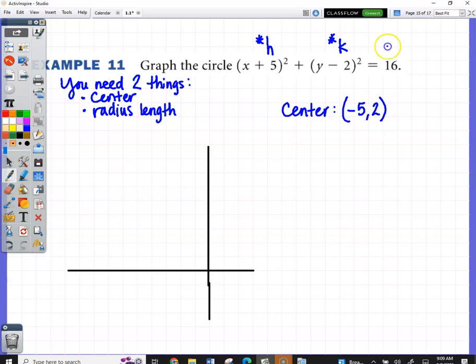And remember, this is r squared. This is where a lot of people mess up, with the r on the end. They think the number on the end is r, and it's not. It's r squared. So r squared is 16, which means we have to do what to it? We have to square root it.